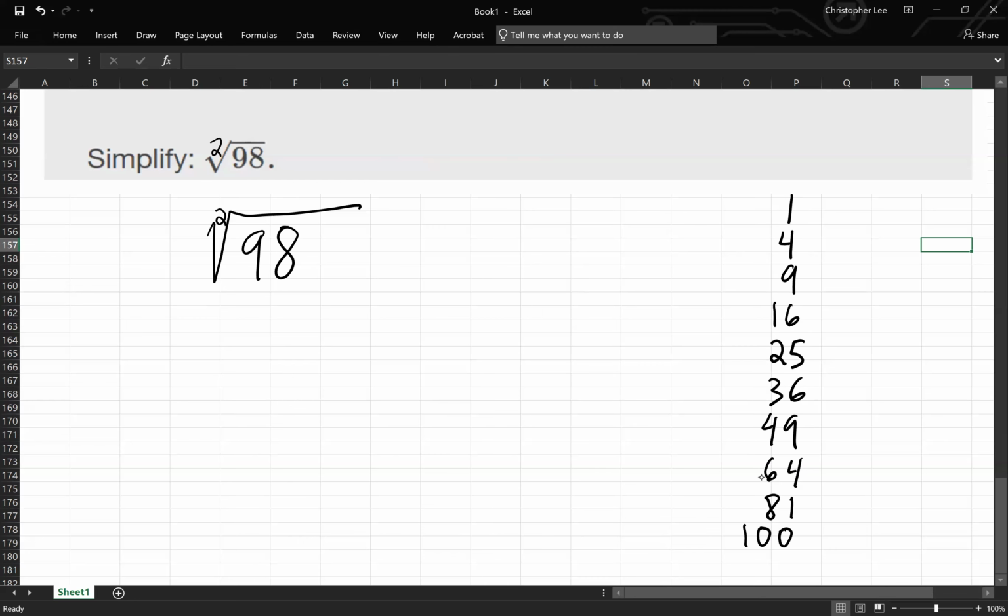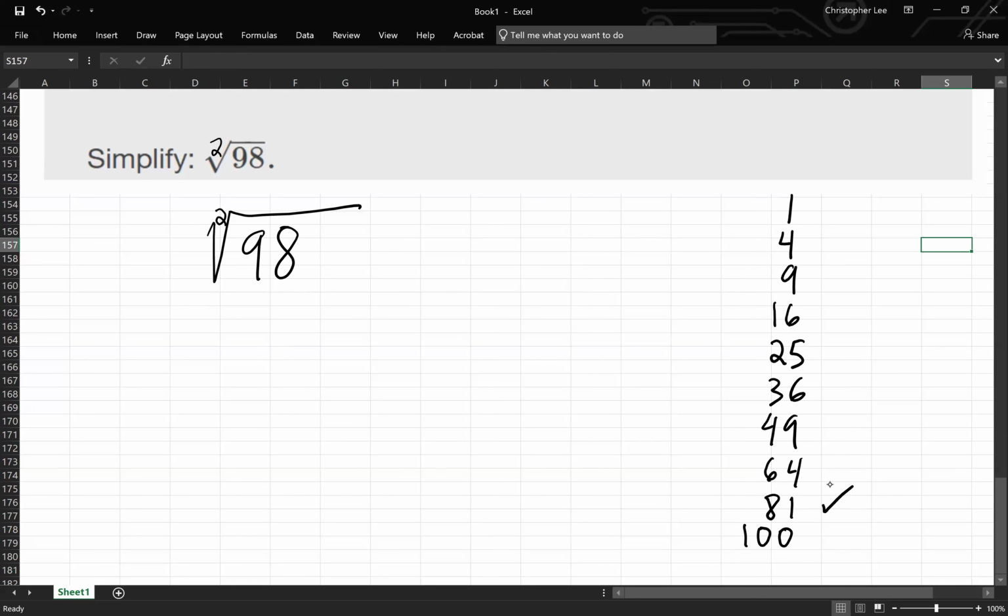Now I'm going to stop at 100. I could have kept going, but 100 is larger than 98. So I know that whatever number I'm looking to divide into 98 is going to be smaller than 100. I'm not even going to test 100.